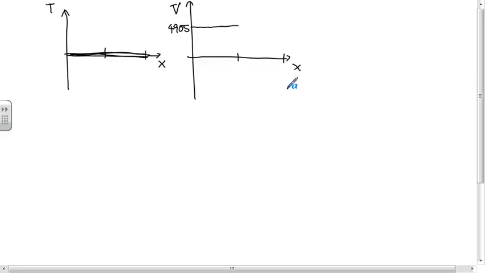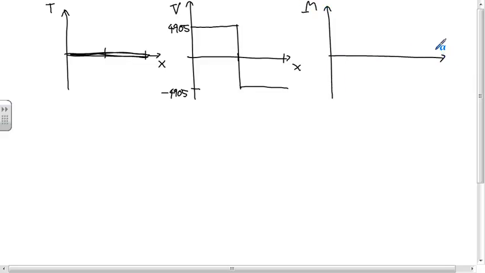And for the second half is negative 4905. And the bending moment looks like that. And I guess this value is 4905.